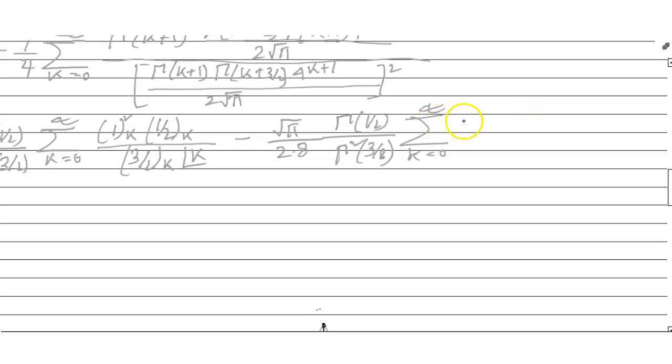Sum over k, whole square, half squared k Pochhammer and 1 by 2 k Pochhammer and 1 by 4 k and 3 by 2 whole square k and k factorial.